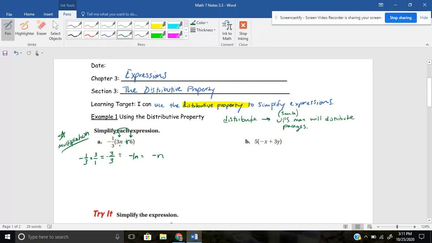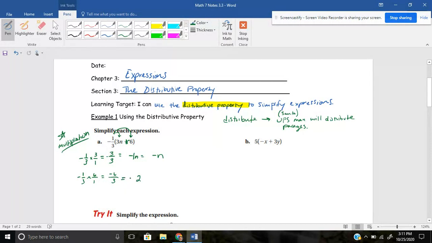Okay, now I also have to take negative 1/3 and multiply it by negative 6, again because I changed the subtraction to addition and the 6 to its opposite. All right, so I have negative 1/3 times 6. Multiply on top will give me negative 6 over 3 times 1 is 3, and 6 divided by 3 is 2.